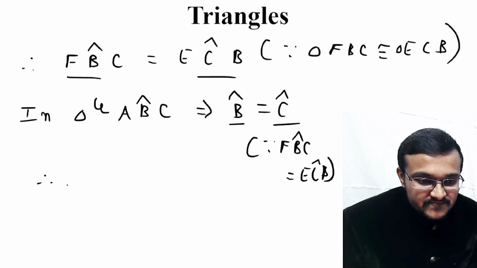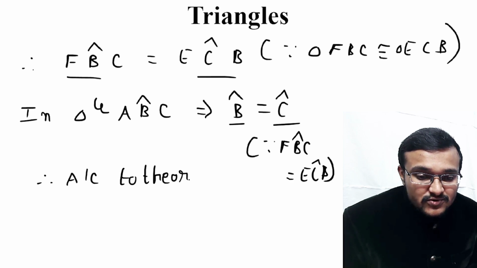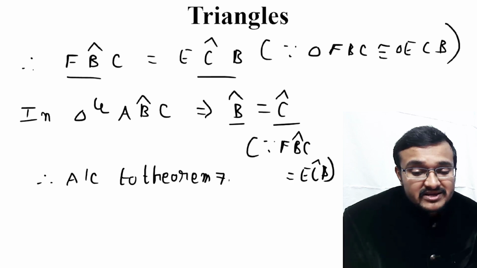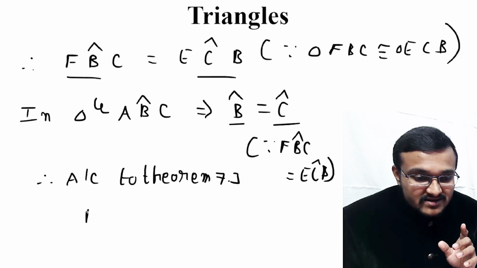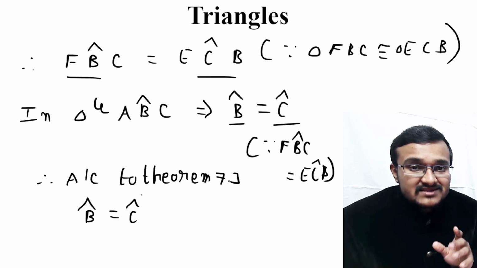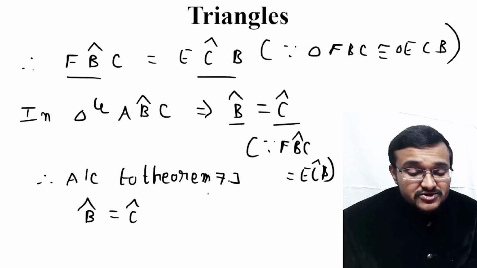C. Therefore, according to theorem 7.3, so if you don't know what is theorem 7.3, you can refer my previous video. According to theorem 7.3, the angles which are equal in a triangle, the opposite sides will be equal to each other.